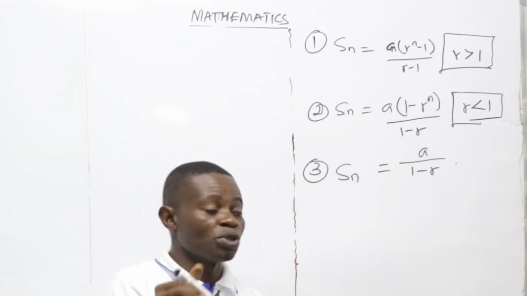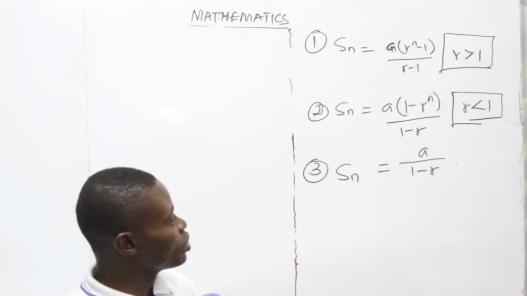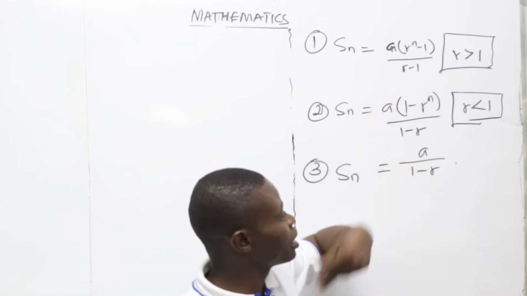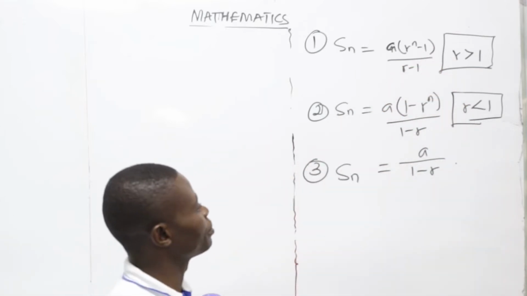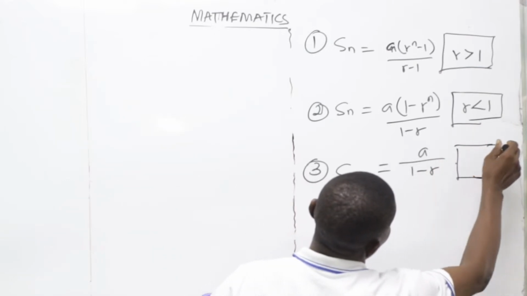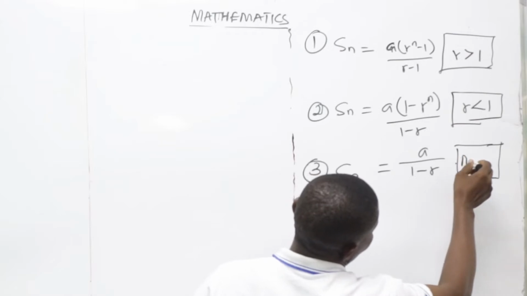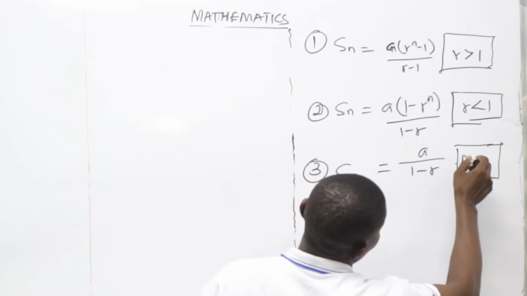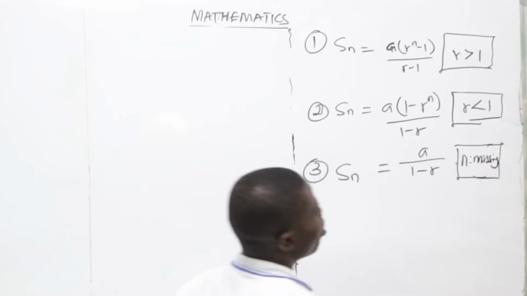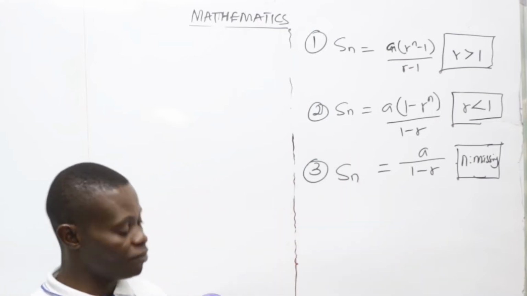Meaning your common ratio must be 0 point something for you to use this formula. But once your common ratio is 2, 1.5, 3, 4, use the first formula. The third formula is applied when you don't have the number of terms. That is, when n, the number of terms, is missing, you are going to use this formula.